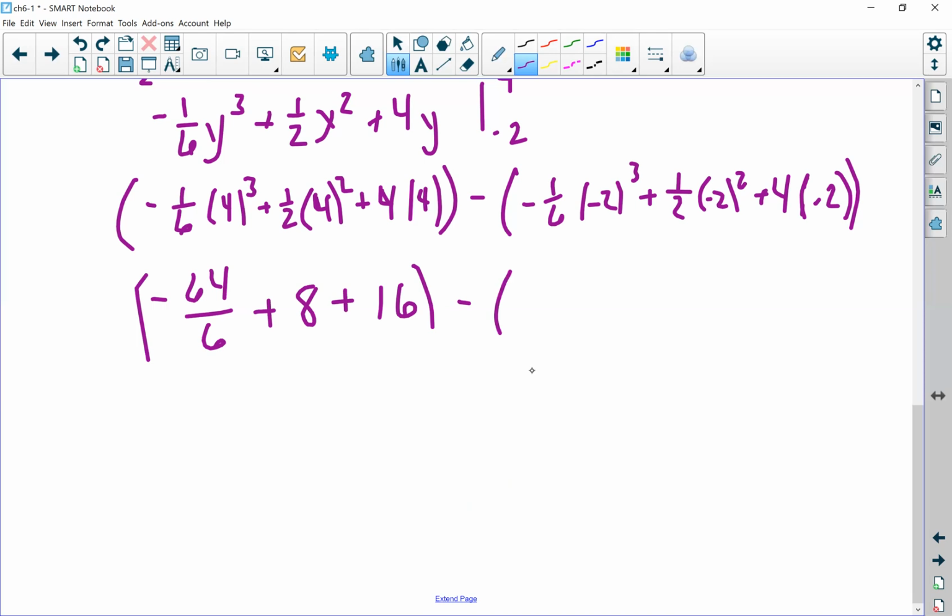Negative 2 cubed is negative 8 times negative 1/6 is 8/6. Positive because we've multiplied two negative numbers. 1/2 of negative 2 squared, negative 2 squared is positive 4. Half of 4 is 2. Negative 2 times 4 is negative 8.